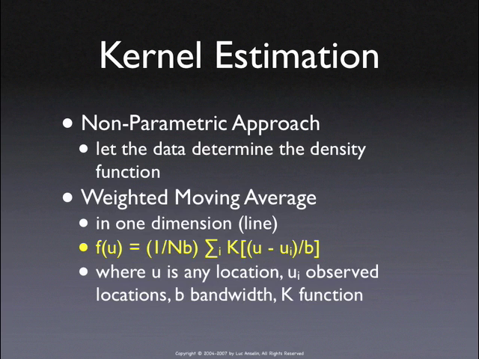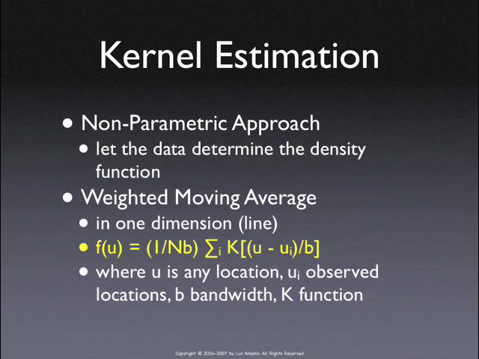B is a bandwidth. B is the size of the tent. It is how far away you're willing to go, because this is a summation over all the i. Now, because of the particular shape of the K function, not all the i's will be counted. In fact, they will be discounted.